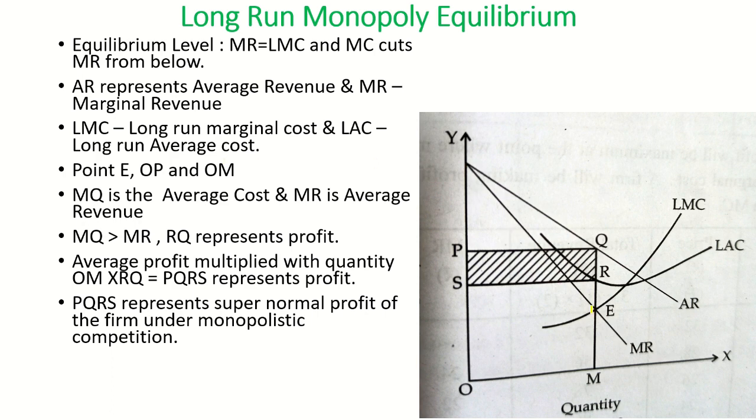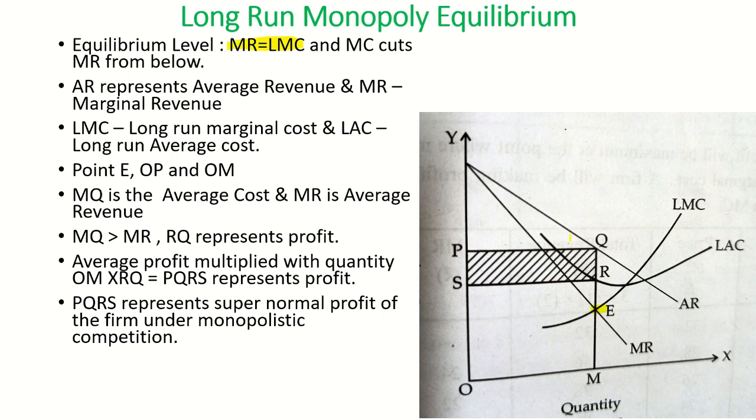And we can see that at the point E, the long run marginal cost cuts the marginal revenue curve. So we can say that at the point E, LMC is equal to MR. So the first condition we satisfied, that is marginal revenue is equal to marginal cost. അപ്പം equilibrium ലെവലിൽ എത്തേണ്ട ആദ്യത്തെ കണ്ടീഷൻ ഇവിടെ സാറ്റിസ്ഫൈഡ് ആയി. എന്താണ് ആദ്യത്തെ കണ്ടീഷൻ?